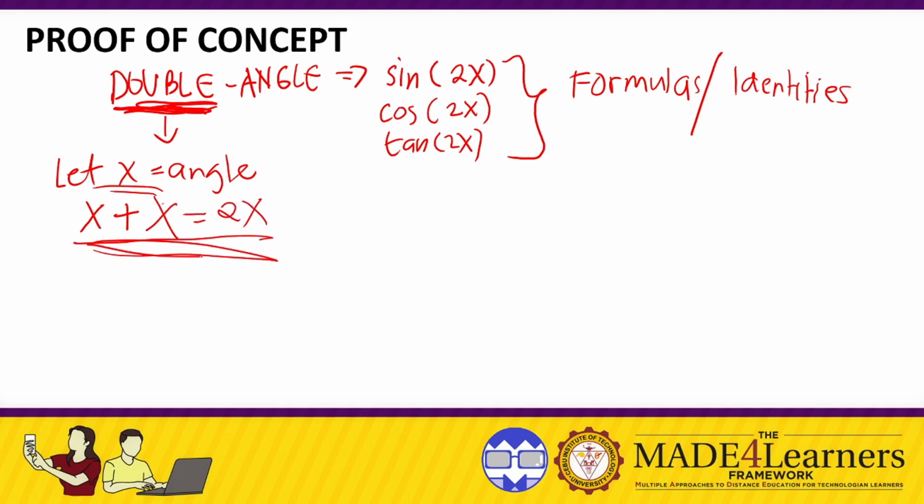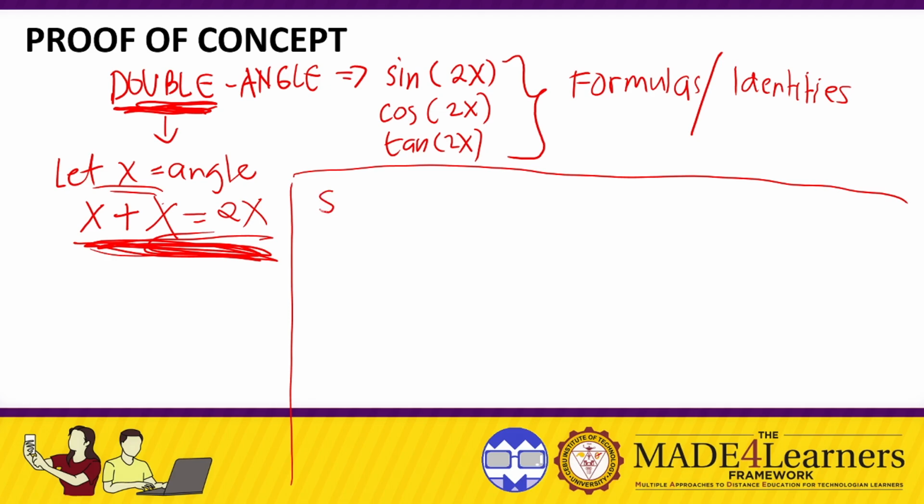So this will be the main idea. To start our proof, let's start with sine. Let's have the double angle of sine, which is 2x. If we separate this, we have sine of x plus x.